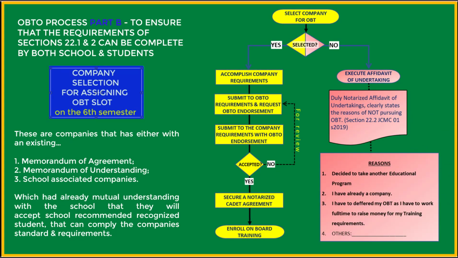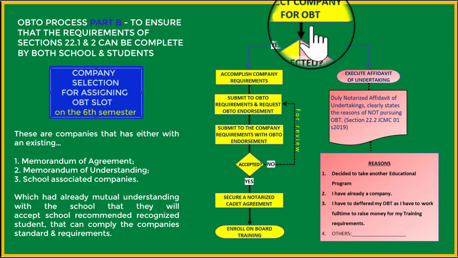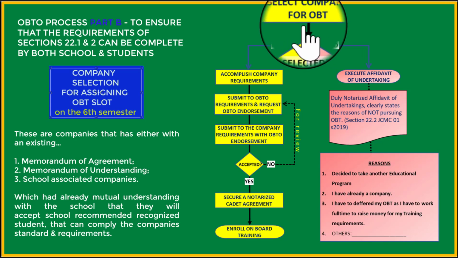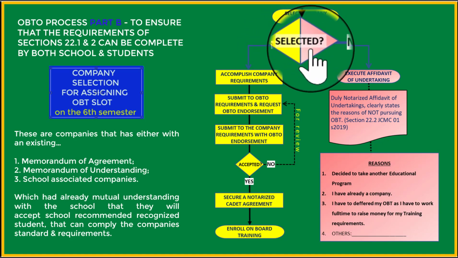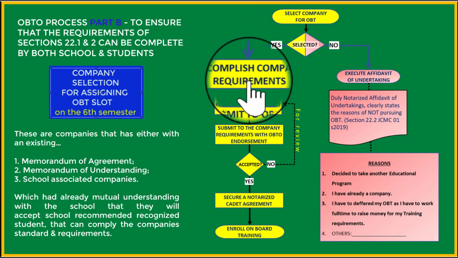They will start here, selecting a company for student. You will start from here. If you select a company, you will be presented with the names or list of the company with the requirements. Once you selected a company, you will accomplish the company requirements.